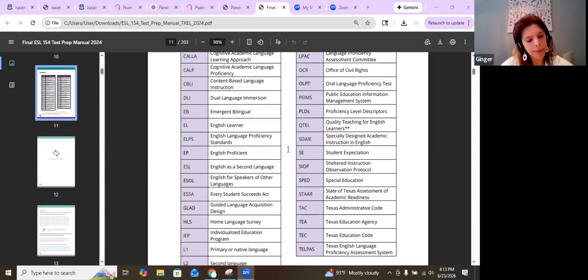Behavioral outcomes. Instruction should be guided by learning outcomes that reflect what the learner should know and be able to do at the end of the instructional period. Behavioral outcomes are measurable. So a behavioral outcome could be, okay, at the end of this unit, you're going to be able to describe the consequences of Germany's actions on the greater European society.